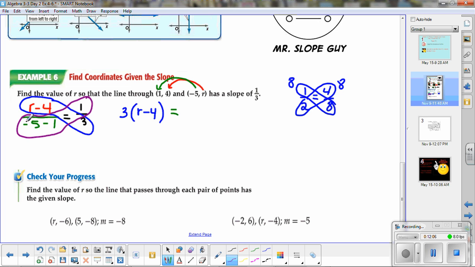Well, negative 5 take away 1. Negative 5 take away 1 is negative 6. So this is really just 1 times negative 6. 1 times negative 6 is negative 6.